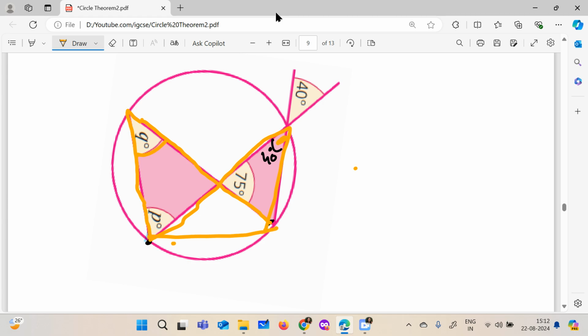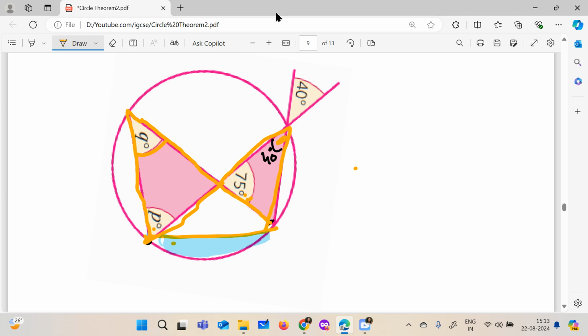So what can you say about the value of Q? 75? But 75 is not in this segment, correct? 40, I think. Yeah, 40. Why do you think so? You have to be sure about that.